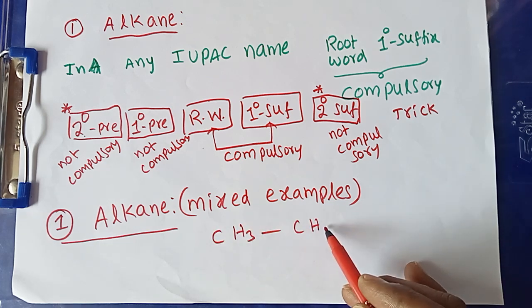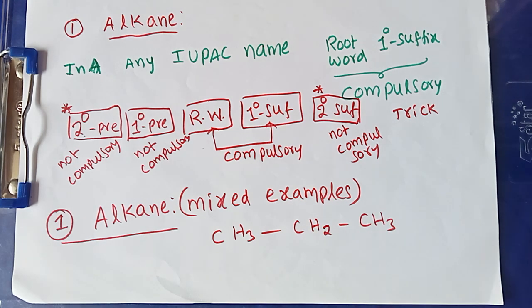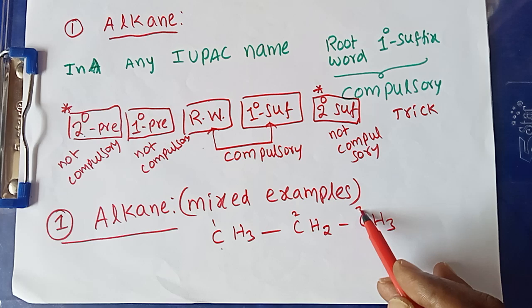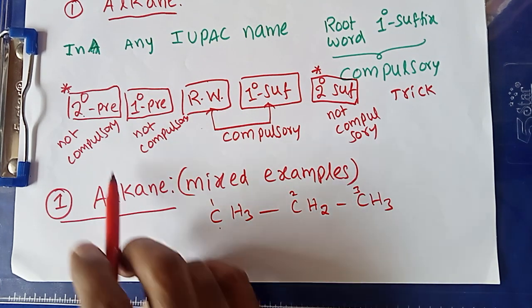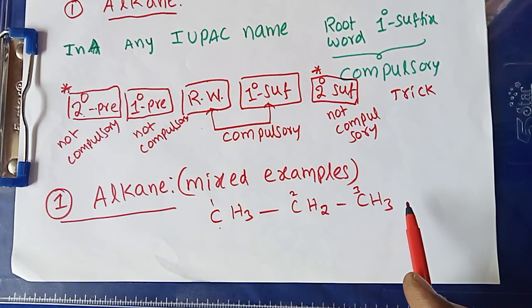CH3, CH2 and CH3. In this alkane there are only 3 carbons present. So what is the first one? Secondary prefix. It explains about branches. There is no branch.